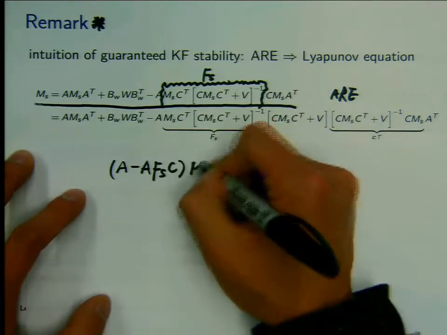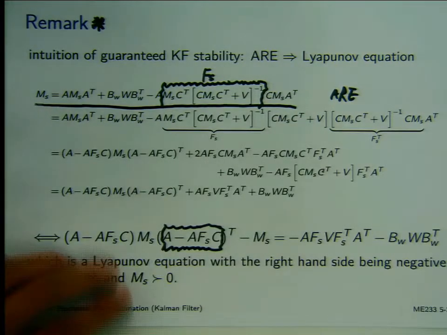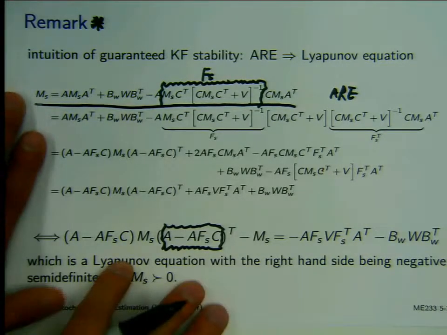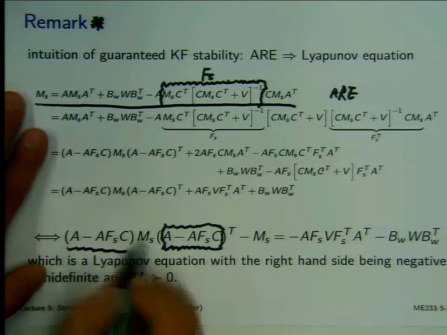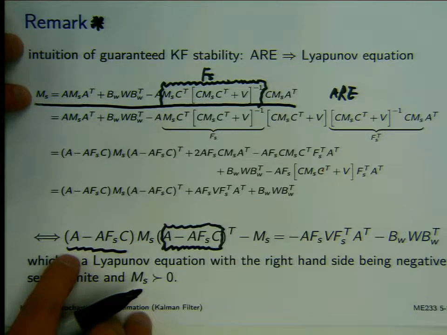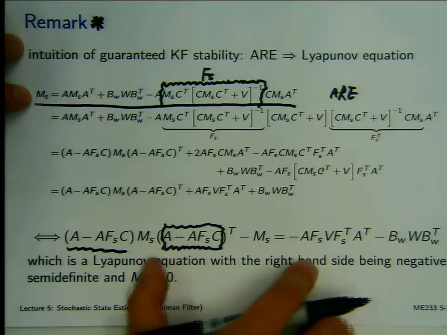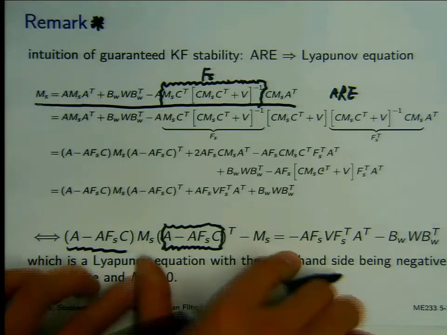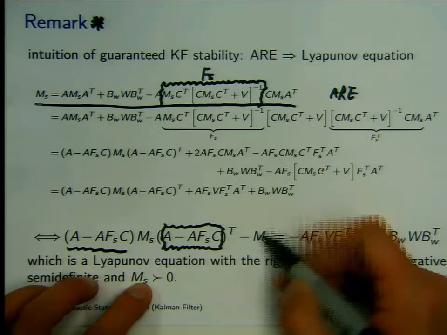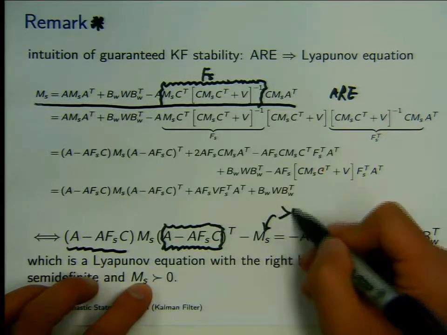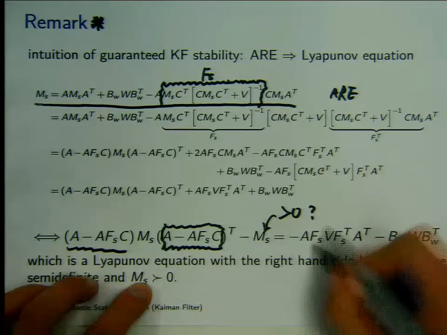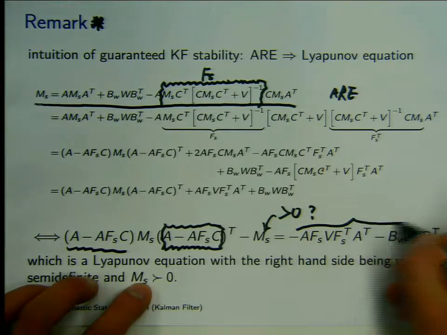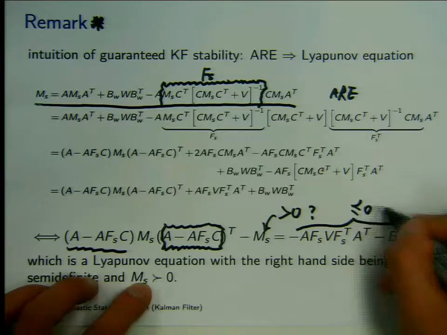If I can somehow create this closed loop matrix A out of this Riccati equation, then we have shown it. Two questions. Is this MS matrix positive definite? Is the right-hand side at least positive semi-definite?